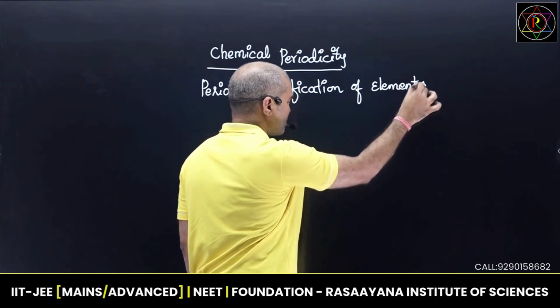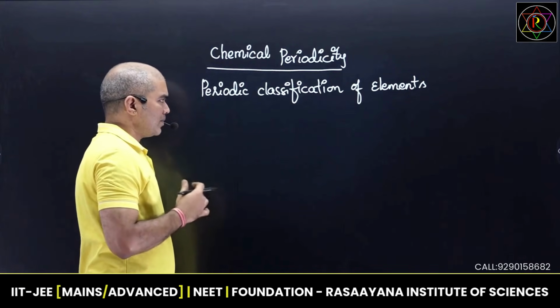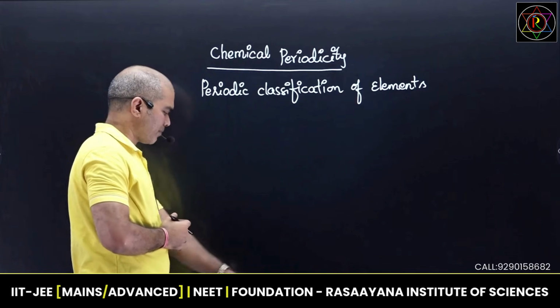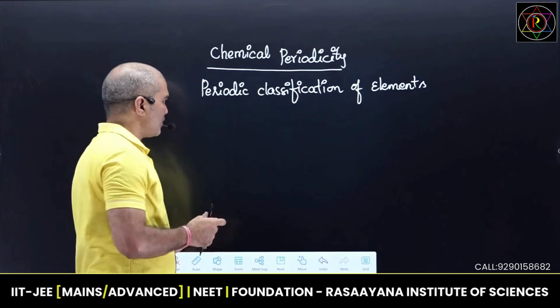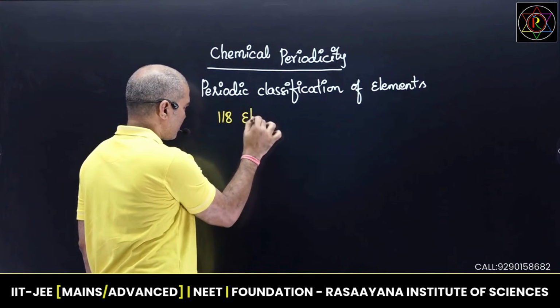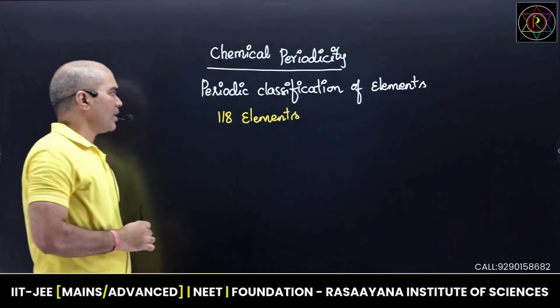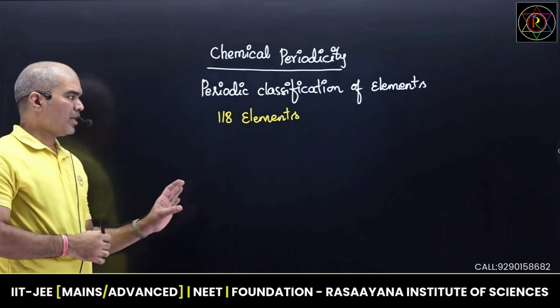What type of properties do we choose to classify these elements? All those things we have to understand in this unit. As I told you, altogether there are 118 elements in the periodic table.